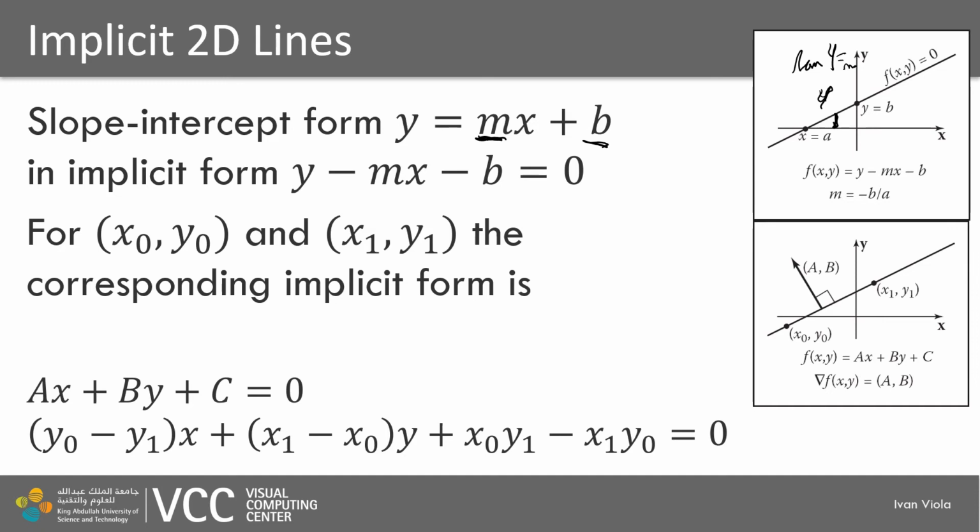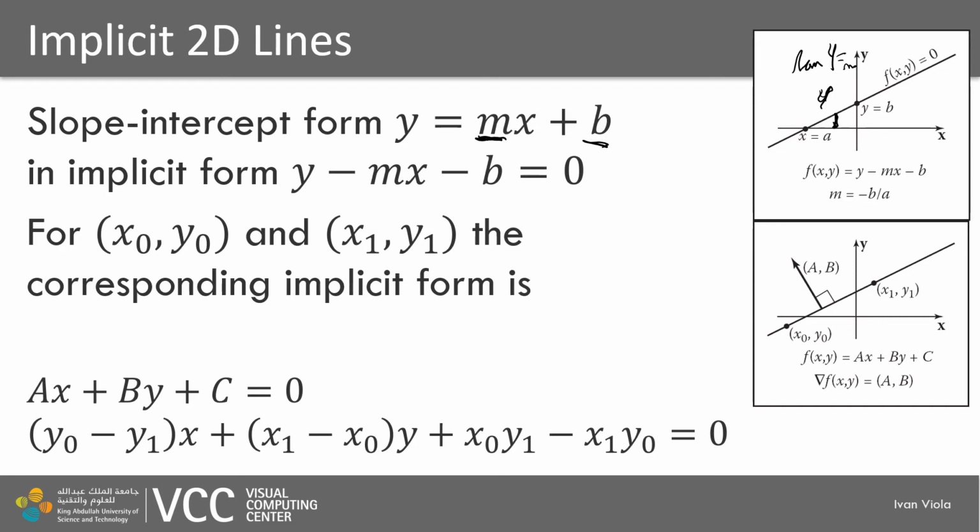Such an implicit form has again an additional benefit: if it is equal to 0, the points will be on the line. But if the value of this implicit function is not equal to 0 but some other value, it tells us that the point is at a certain distance from the line.